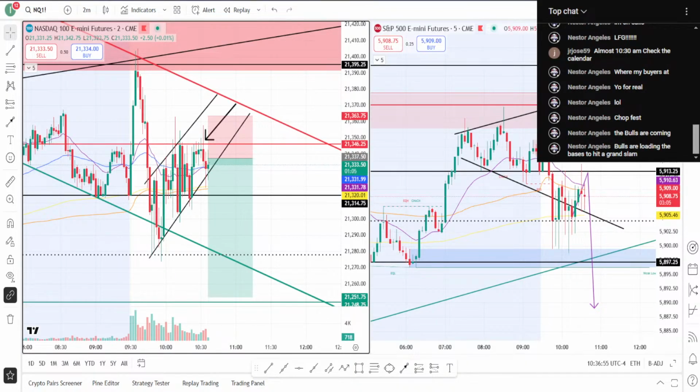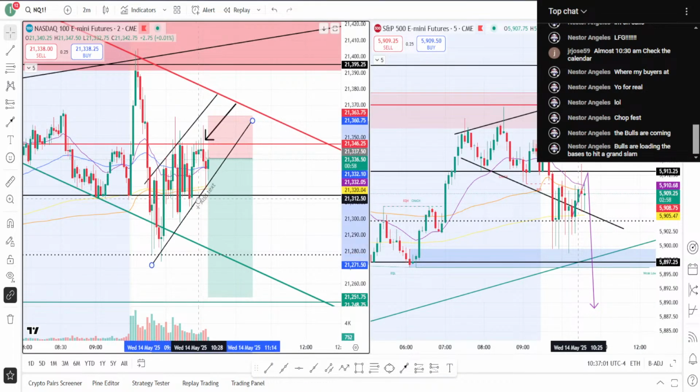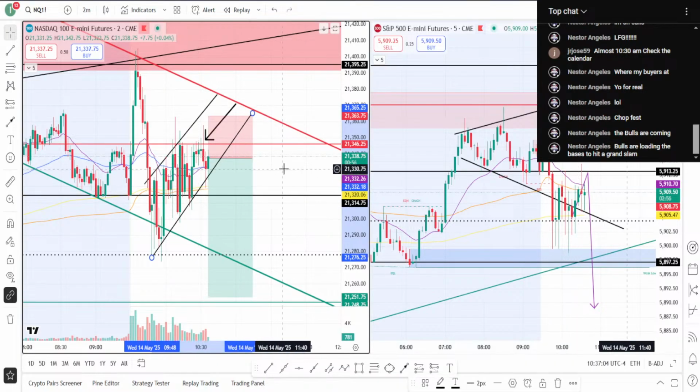Let's see, still chopping around. First thing I want to see is break this support line right here. We can crack that.